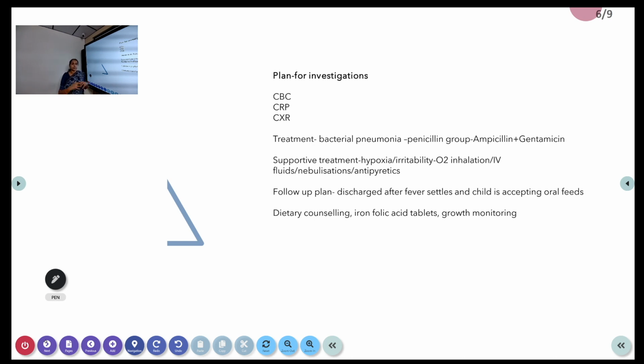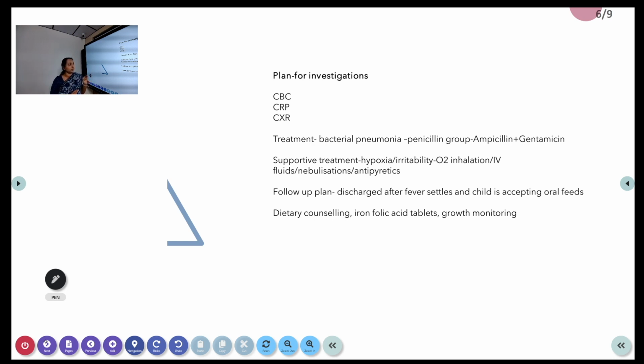Sometimes the total count may be reduced in some cases of viral pneumonias. Then you look at the CRP, C-reactive protein, which may be elevated in bacterial pneumonias. So, CBC, CRP.